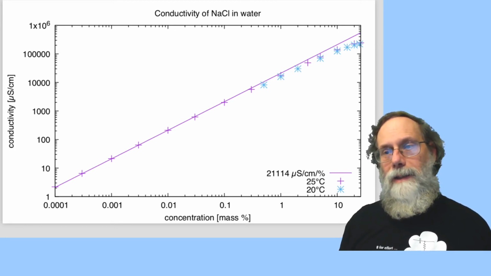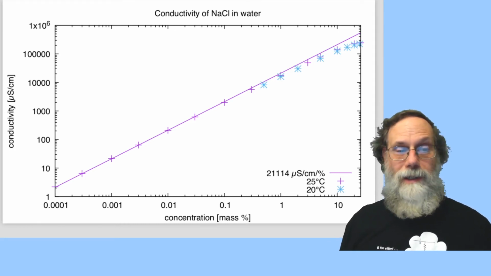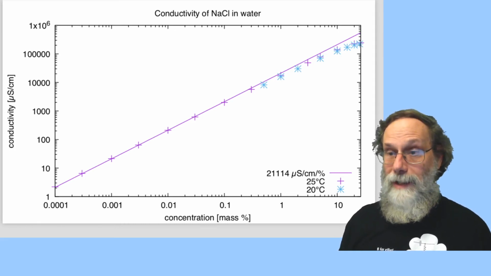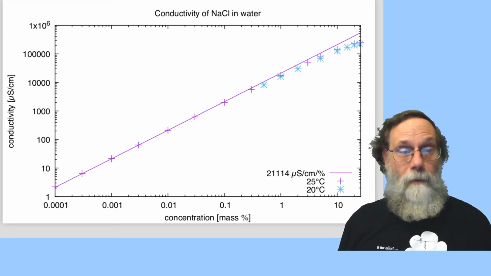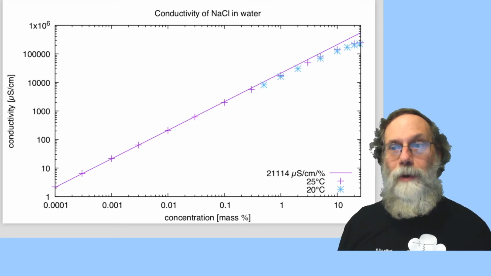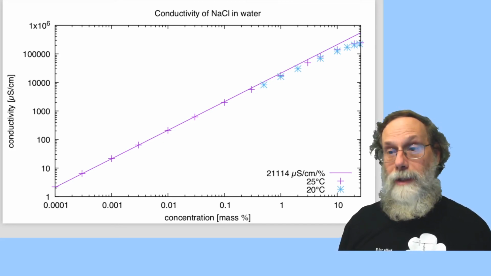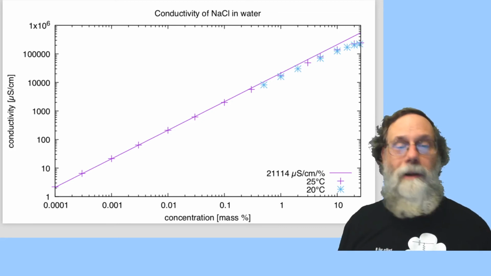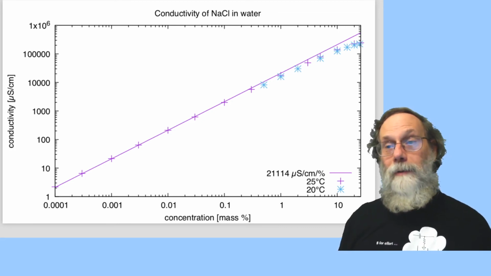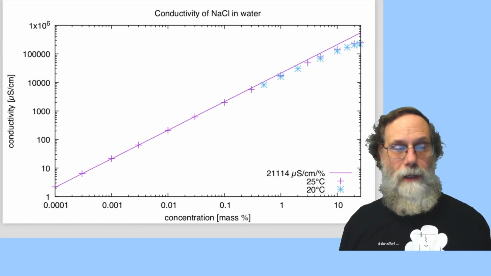The carbon dioxide would form carbonic acid, which would split into H plus and HCO3 minus ions and increase the conductivity. So the resistivity of really pure water in air is only about 13 megohm centimeters. So the ultra pure water really requires special handling if you want to get that low a conductivity.